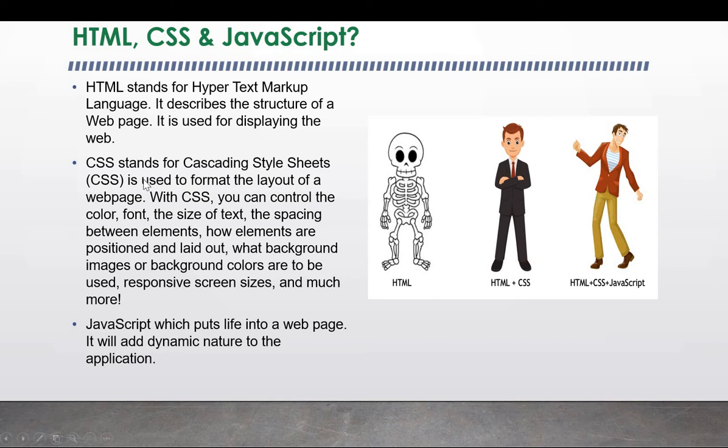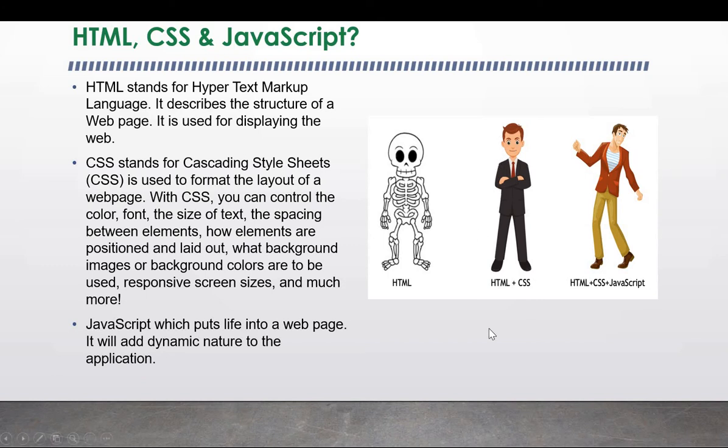Then CSS. CSS stands for Cascading Style Sheets. It is used to format the layout of a web page. With CSS, you can control the color, font, the size of your text, the space between elements, how elements are positioned and laid out, which background images and background colors are to be used, responsive screen size, and much more.